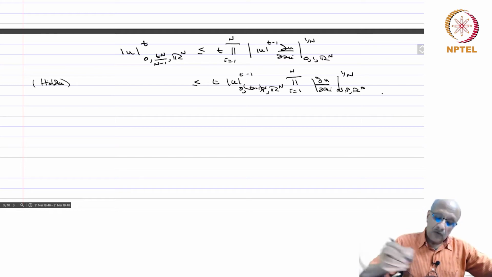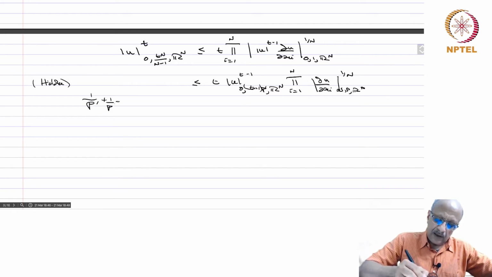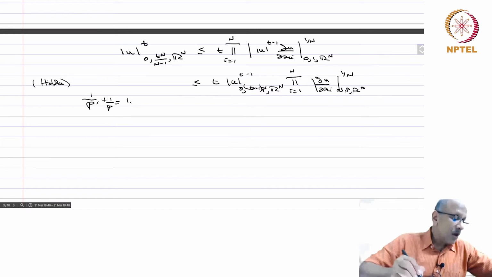Here 1 by p' plus 1 by p equals 1. So this is the Hölder inequality which we have used.